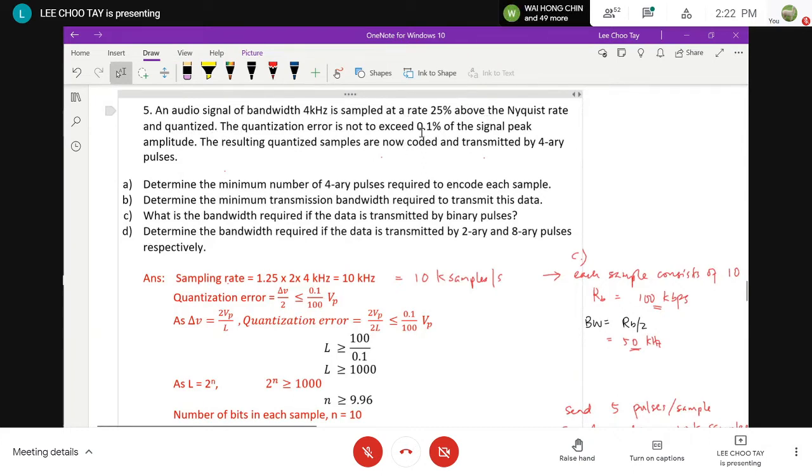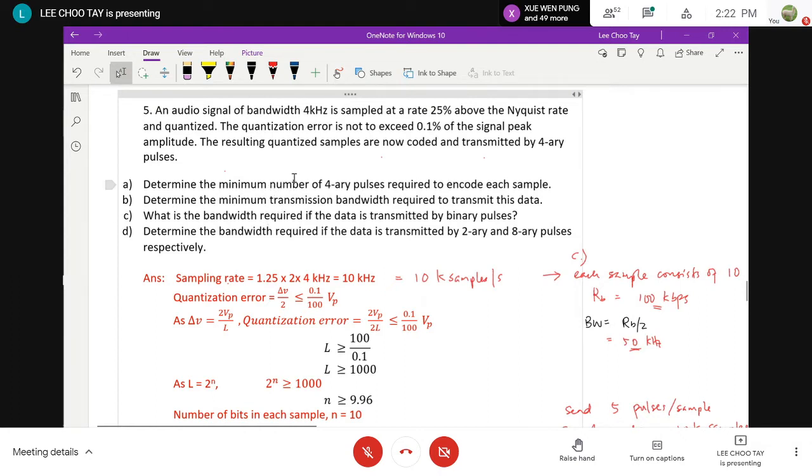Quantization error is not to exceed 0.1% of the signal peak amplitude. The resulting quantized samples are now coded and transmitted by M-ary pulses. So determine the minimum number of M-ary pulses required to encode each sample.